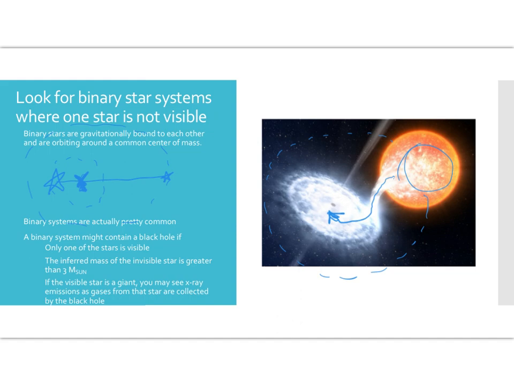And as those gases accelerate towards the black hole, they will emit X-ray emissions. So this is a way that we can confirm, identify and observe probable black holes in our universe. So hopefully this is kind of interesting, kind of crazy, and that's black holes.